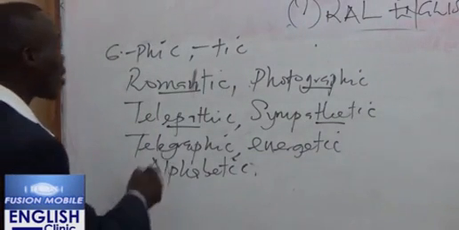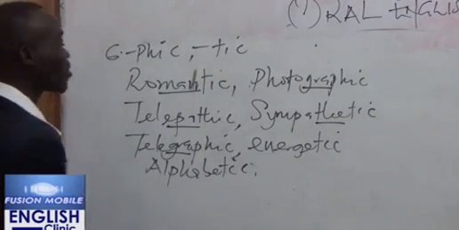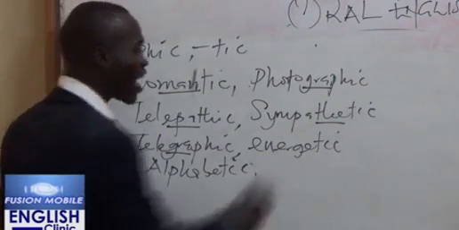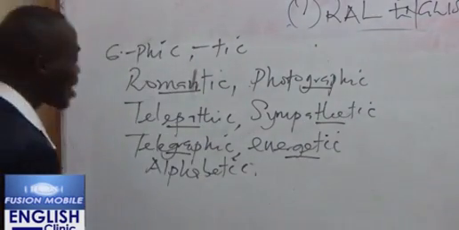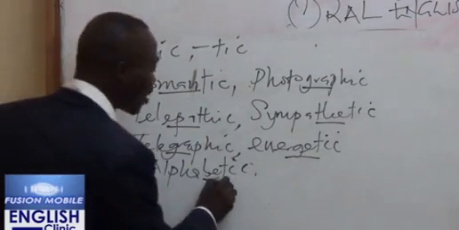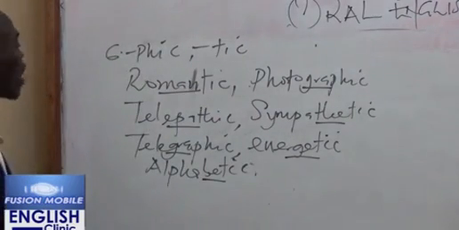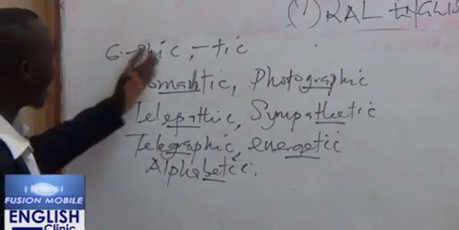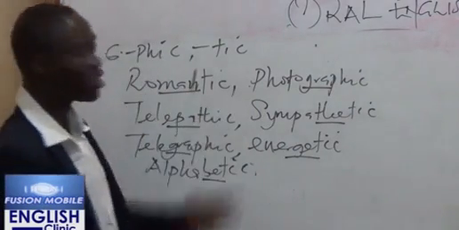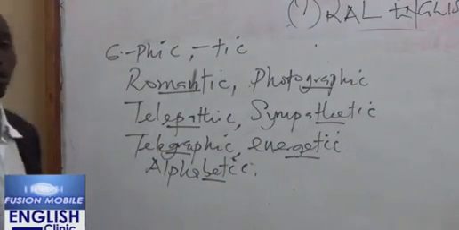Telegraphic, the second from the last syllable is gra. Energetic, the second from the last syllable is jet. Alphabetic, you have the second from the last syllable which is stressed. So in other words, whenever we have words ending with the suffixes phic and tic, the second from the last syllable is stressed.